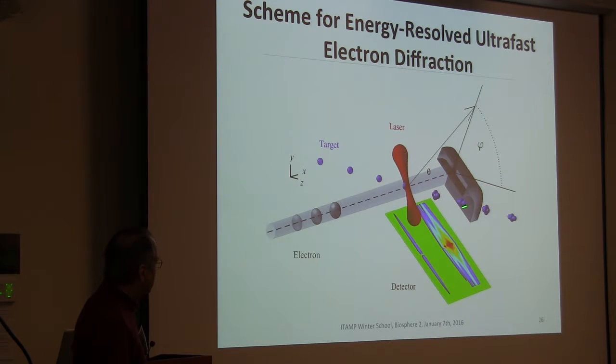You have electron pulses, you have a laser that sets up in some target some coherent state, you set in motion some process. And then after a time delay, you hit it with the electrons, and the scattered electrons are then sent through an energy analyzer, and you measure the energy of the scattered electrons.